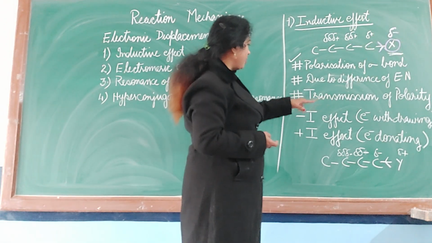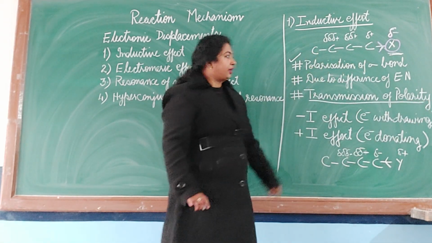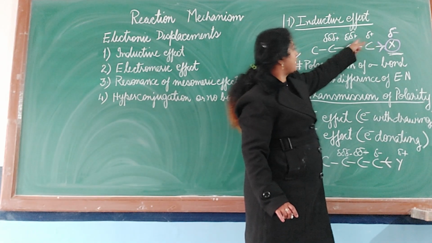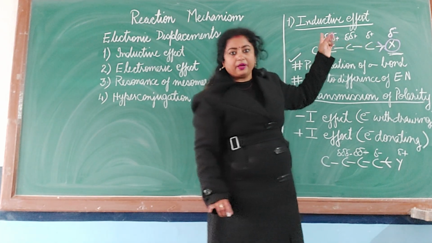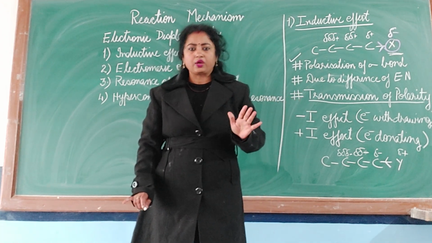The next point you have to remember is the transmission of polarity. The carbon bearing the positive charge transmits this positive charge along the chain. But remember that this transmission occurs only up to 3 to 4 carbons.